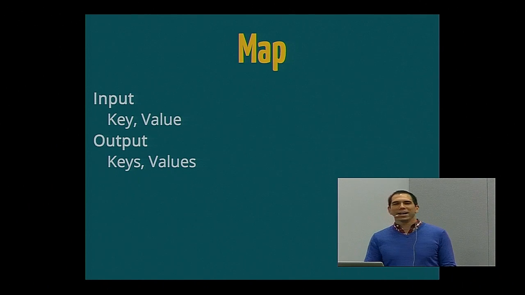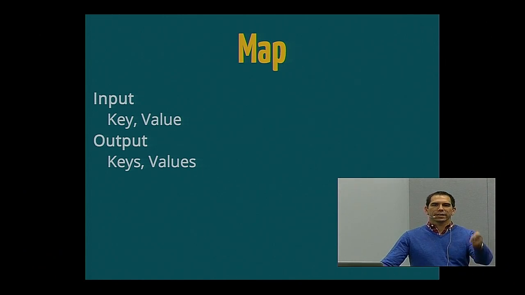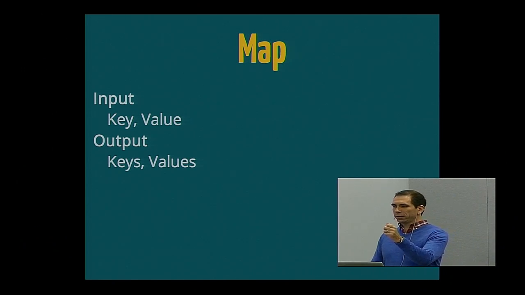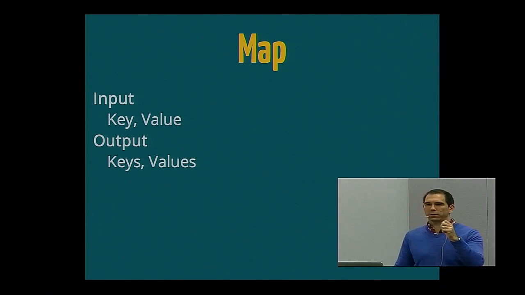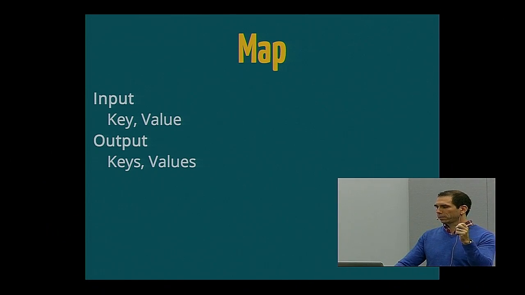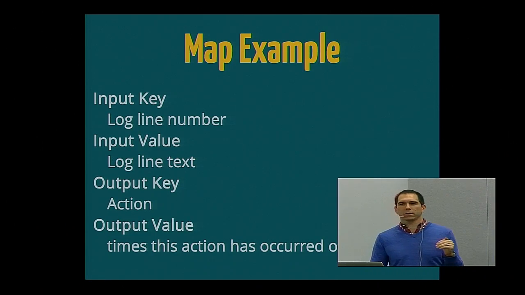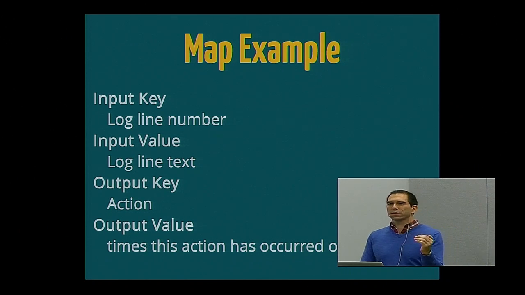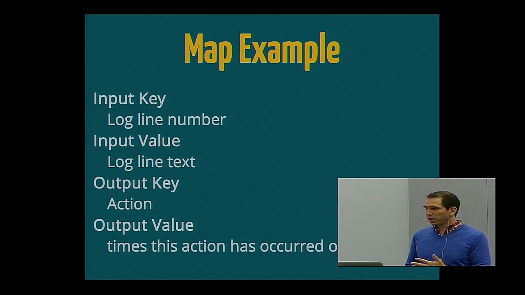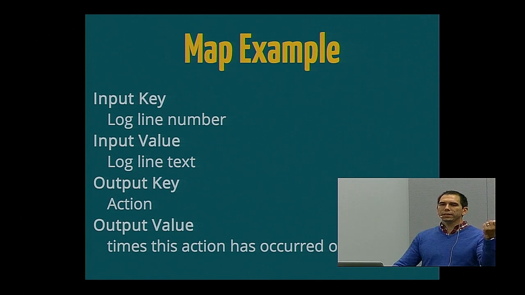So the interface to map takes in a key and a value that we want to summarize over, and it outputs sets of keys and values. Actually 0 or more keys and values. In our particular case, while we're processing these imaginary log lines, the key is going to be a log line number.